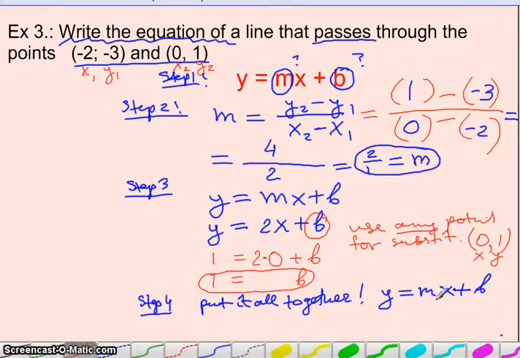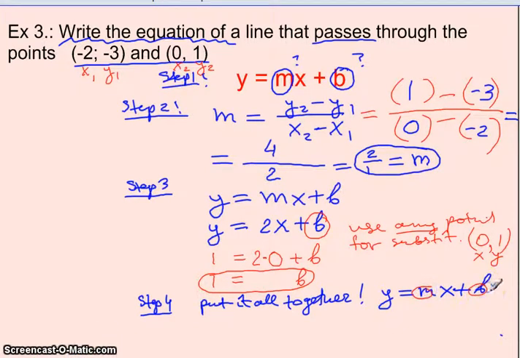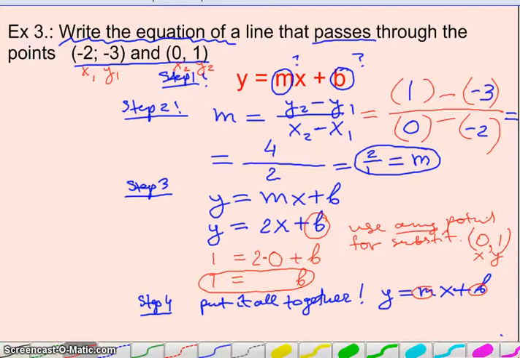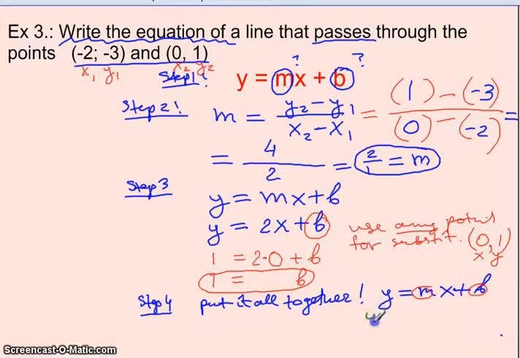We just identified what our slope and the y-intercept are. Therefore, our formula will look like y equals m, since the slope is 2, I'll write 2x, and since the y-intercept is positive 1, I will write it as positive 1. That's our final answer.